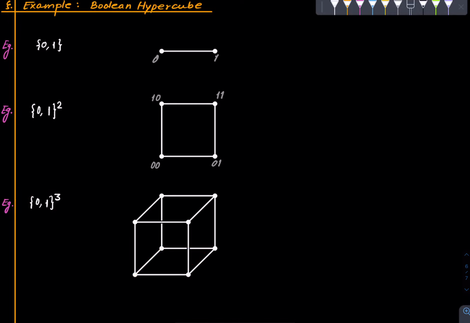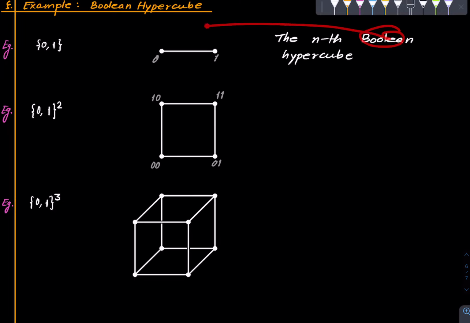So this suggests a general definition, which is as follows. The nth Boolean hypercube. The word Boolean comes because there are two elements here, and hypercube because it is an n-dimensional object, meaning an arbitrary-dimensional object. That's why the prefix hyper is used.